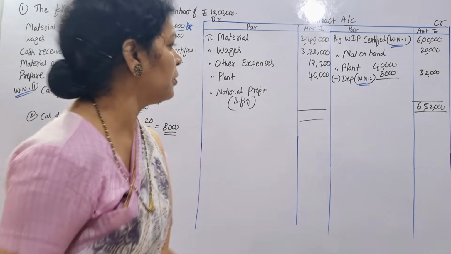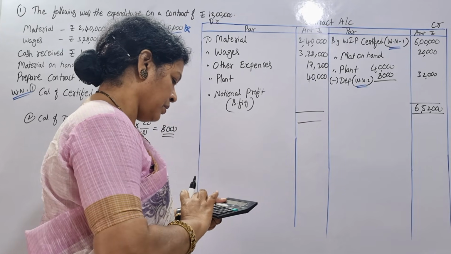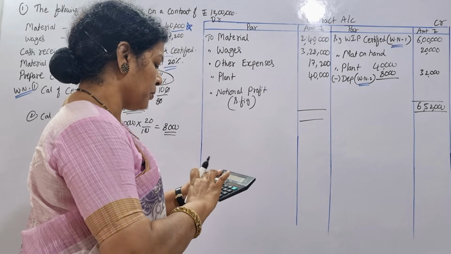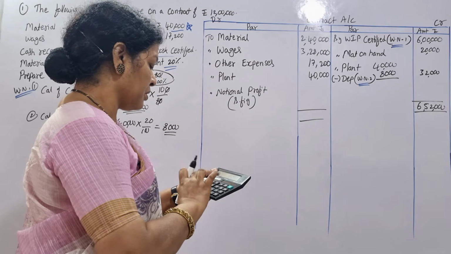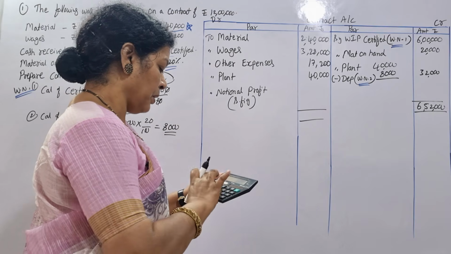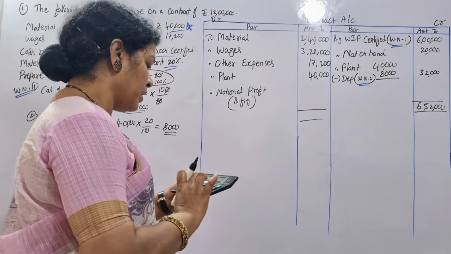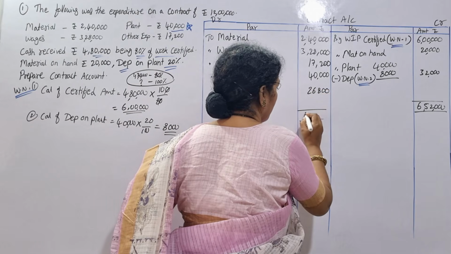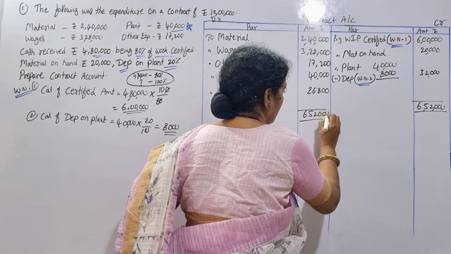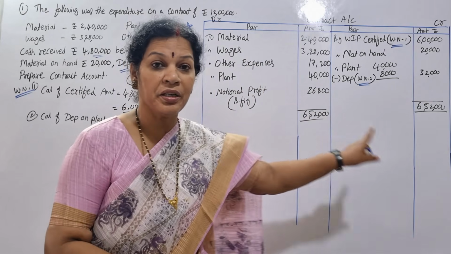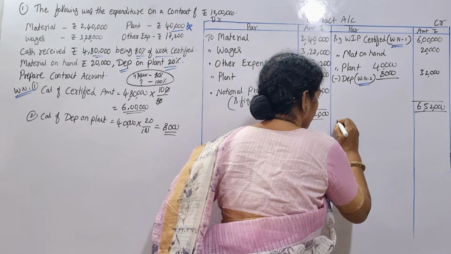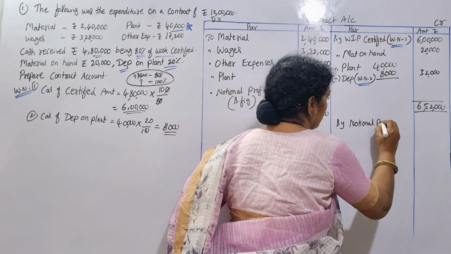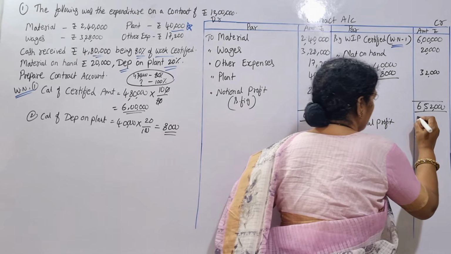So let's calculate: 6,52,000 minus 2,40,000 minus 3,28,000 minus 17,200 minus 40,000. It comes to 26,800. Okay, 26,800. So notional profit is on the debit side, and we will transfer it to the credit side, right? Remember the format. By notional profit 26,800.